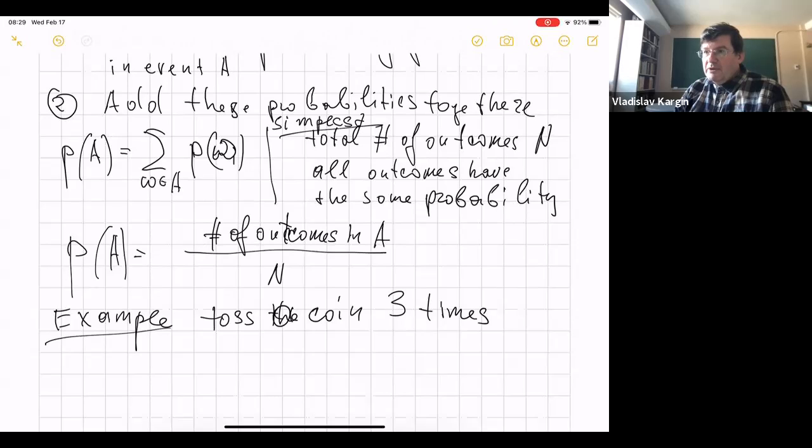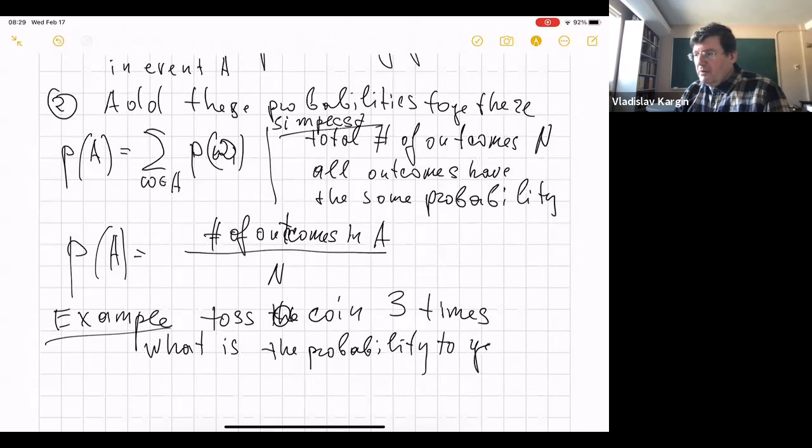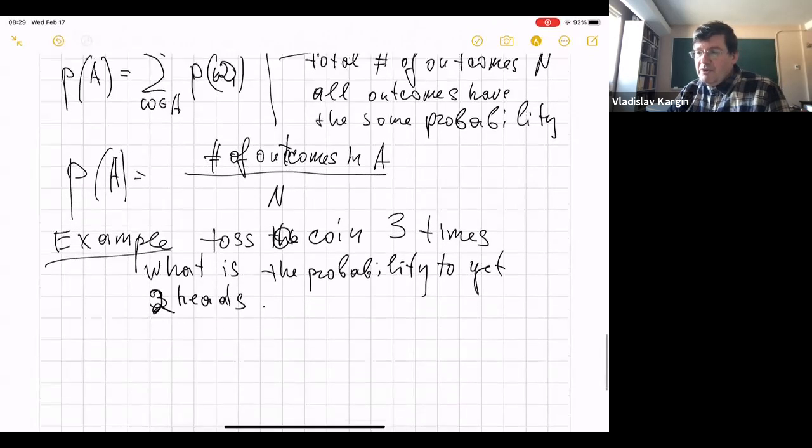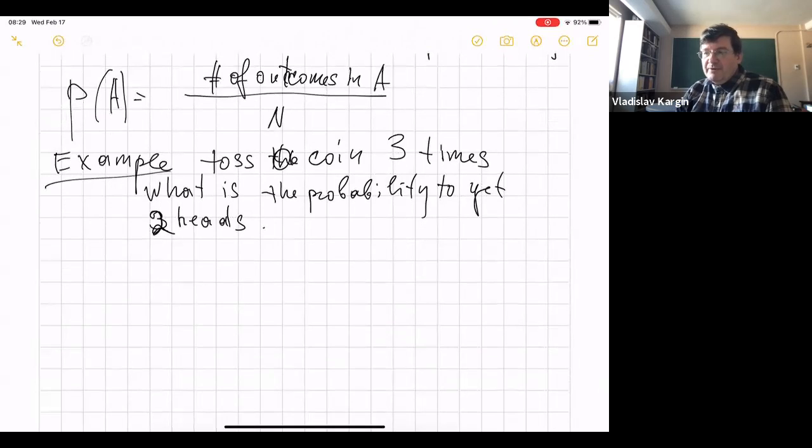What is the probability to get 3 heads? Sorry, 2 heads. 3 heads is too simple, maybe. So 2 heads. This is just an example. First of all, we need to count how many outcomes there are in this experiment. What are the outcomes?